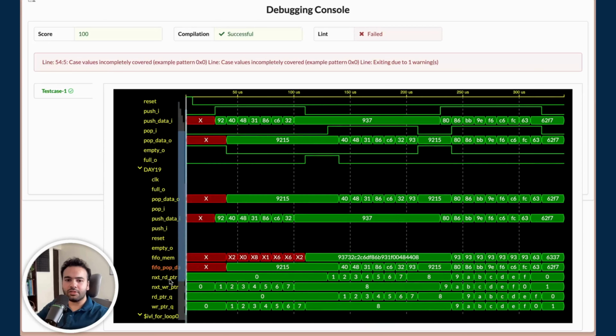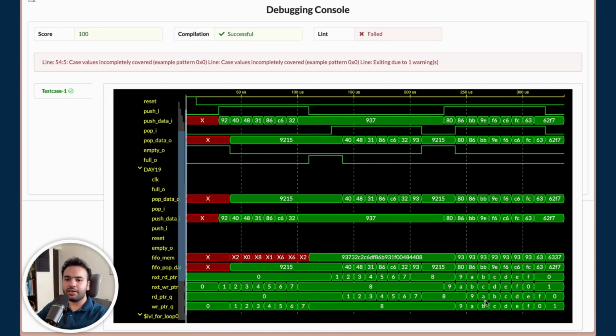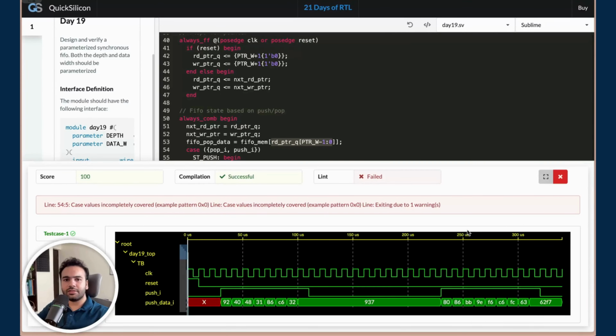When I scrolled down, I saw that even though our FIFO depth is 8, the read pointer is becoming A, and at this point the pop data was unknown. So this was an indication that it is taking the entire read pointer instead of dropping the wrap bit and just using the lower bits of the read pointer to address the FIFO. Cool. Any other question?